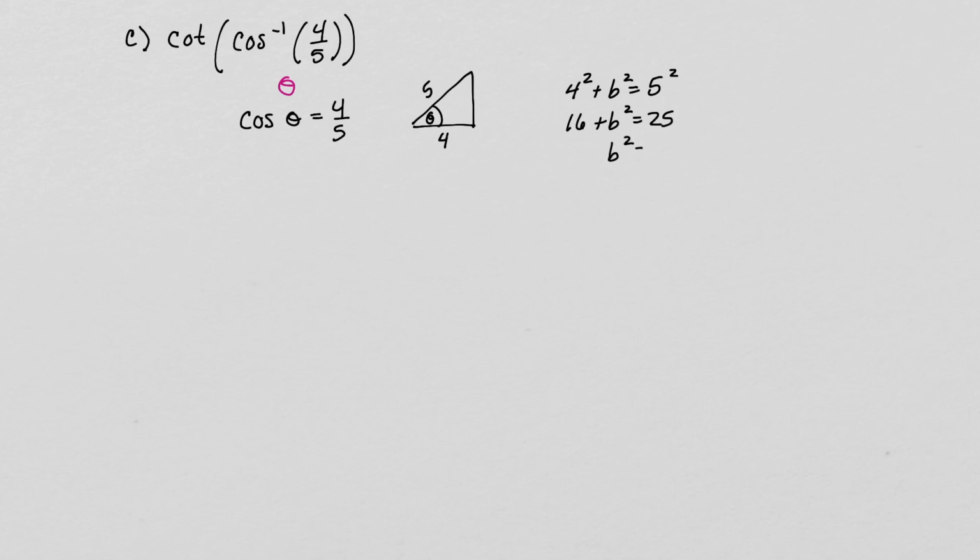So b squared equals 9. So b is going to be 3. So this side here is 3. And while I can't figure out exactly what the angle is, really now all I want to figure out is the cotangent of theta. And so remember, cotangent is the adjacent over the opposite, so it's going to be 4 over 3.